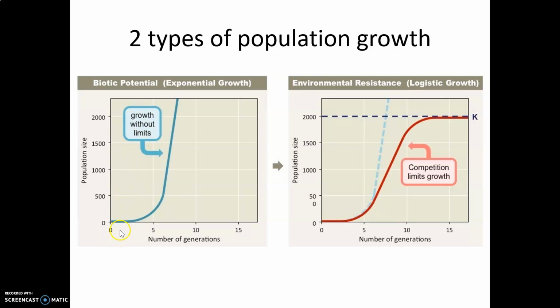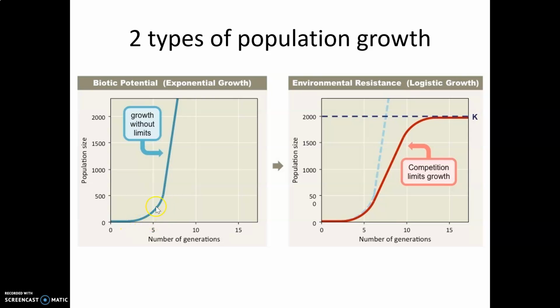So we saw yesterday exponential growth looking like this if we draw the graph, and this only happens if there is no limits, if there are all the resources the population needs, all the food, no competition for space, all those things, then we'll see exponential growth.